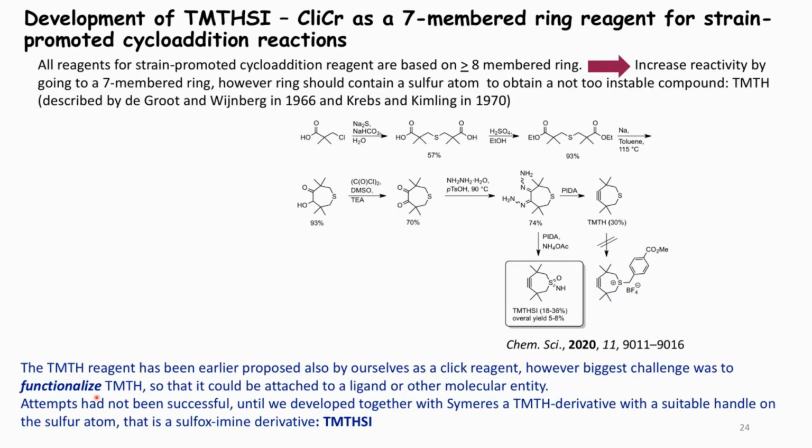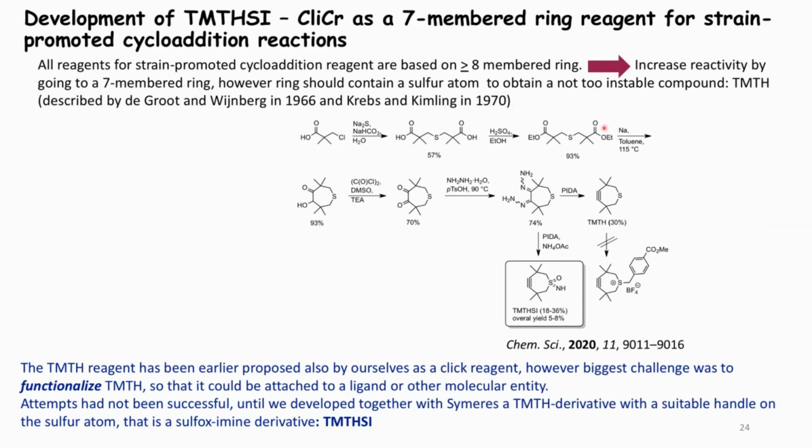Now, there is still a significant drawback, perhaps, in terms of organic chemistry. When we started thinking about TMTH-SI, we started to think about TMTH, and this reagent had been made earlier by a pretty famous chemist in Holland, Hans Wynberg in 1966, and later by Krebs and Kimling in 1970.